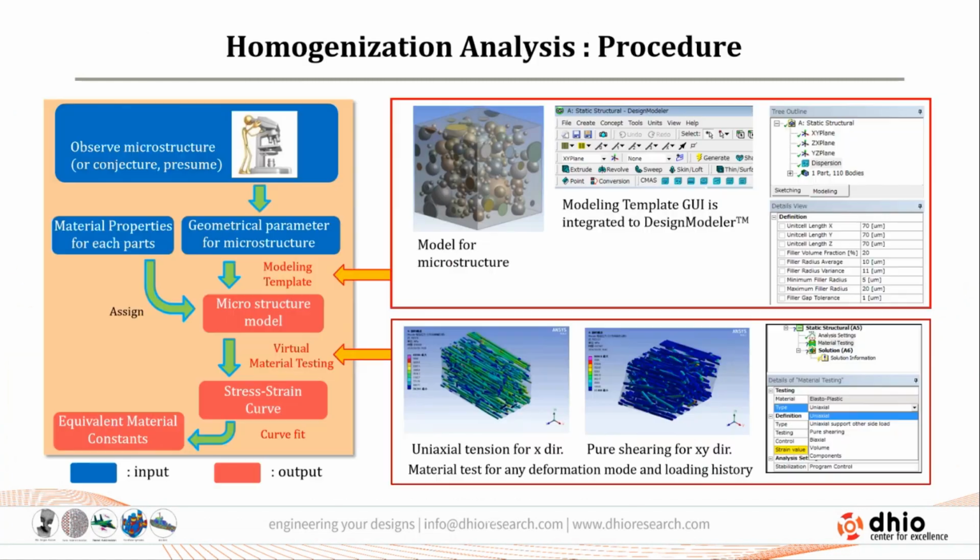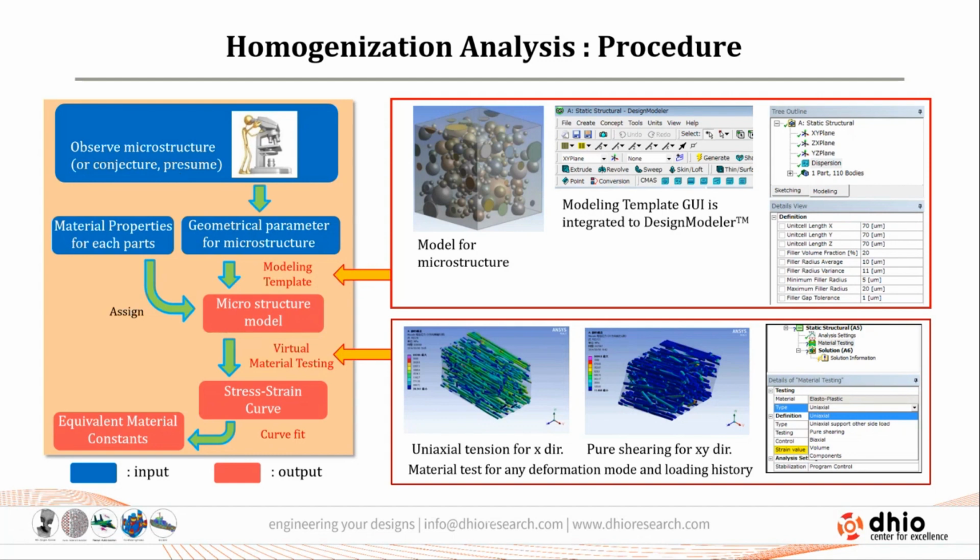So the first thing, in order to perform this operation, whatever I have explained in the previous slide. In order to perform one particular virtual material testing simulation, we need two main input parameters. The first is the observed micrographs, taken from either SEM or an optical microscope.